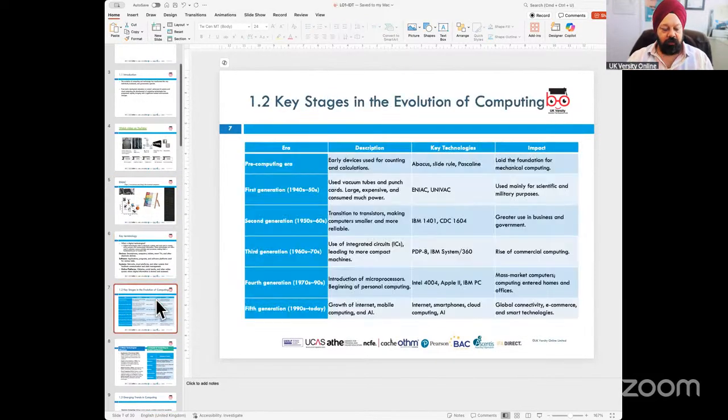Right, let's go across to the second assessment criteria, which talks about key stages of evolution of computing. As I mentioned earlier, when we talk about stages of evolution of computers, we look at 4 or 5 key developments.